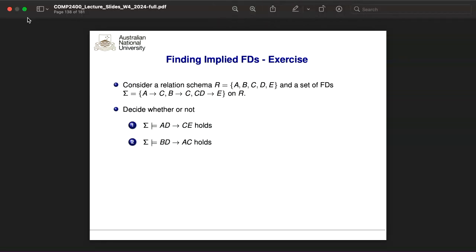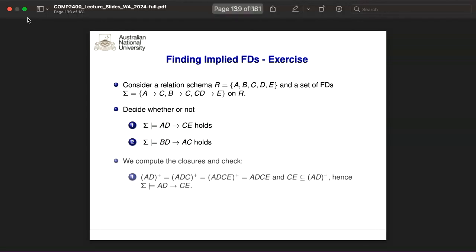Let's look at some examples because the intuition is very simple. Here, we have A, B, C, D, E and some function dependencies. We have two questions to answer. The first one: does AD determine CE, whether it holds or not. Like I said before, we calculate the closure of AD. We first add AD into the closure.